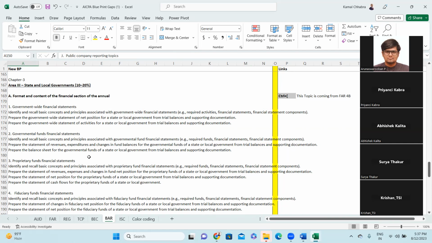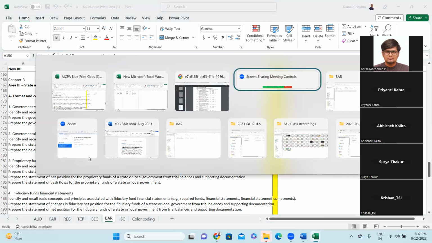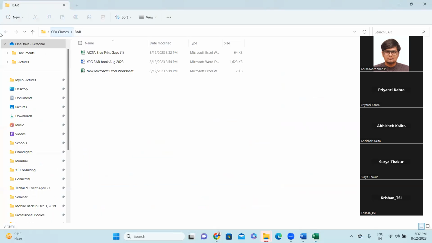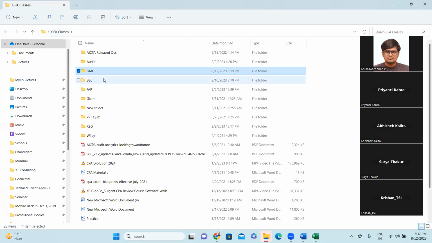But here it is completely different. You'll be making state and governmental accounting based on the GAAP issued by the government. Right? There's one more quick concept before you get over here, which is understanding how the standards are being made.